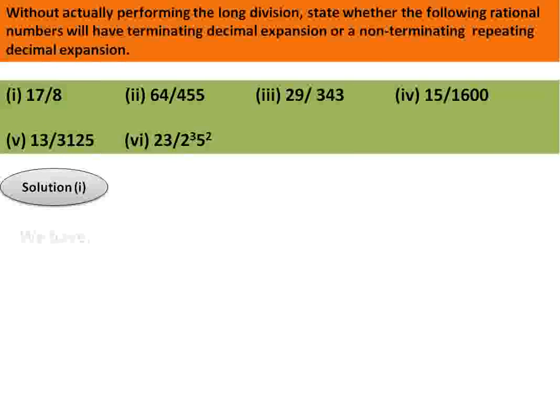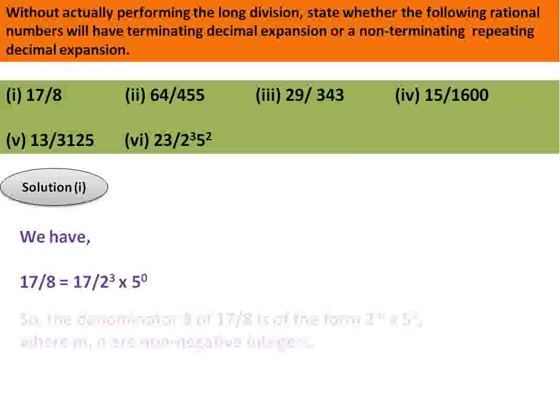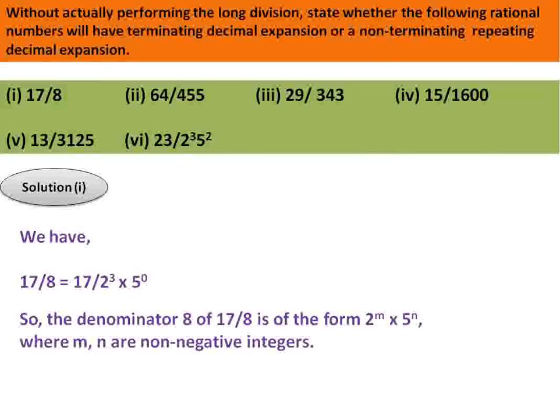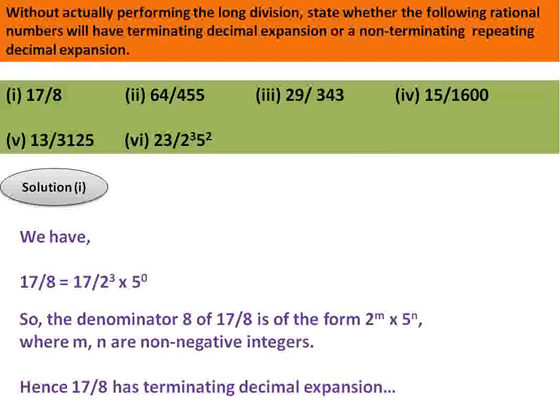Solution 1. We have 17 by 8 is equal to 17 divided by 2 cubed into 5 to the power of 0. So the denominator 8 of 17 by 8 is of the form 2 to the power of m into 5 to the power of n, where m and n are non-negative integers. Hence 17 by 8 has a terminating decimal expansion. Solution 2.